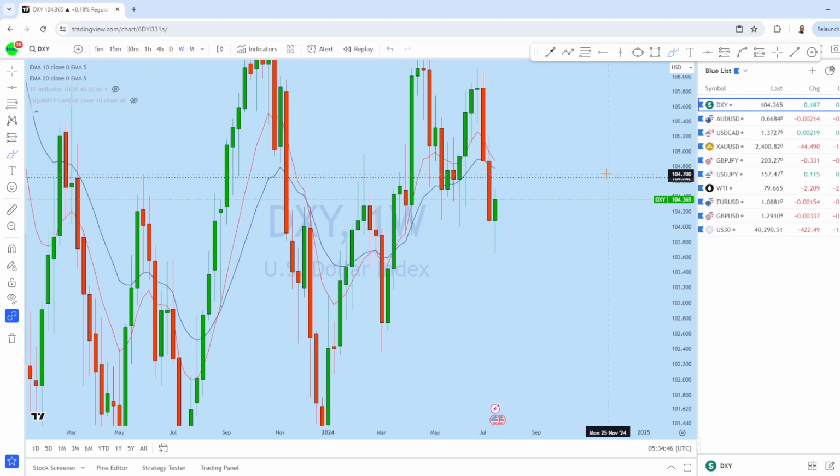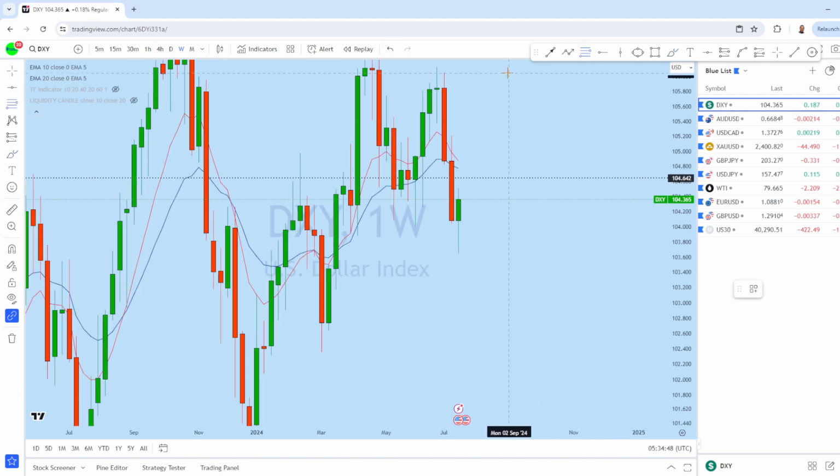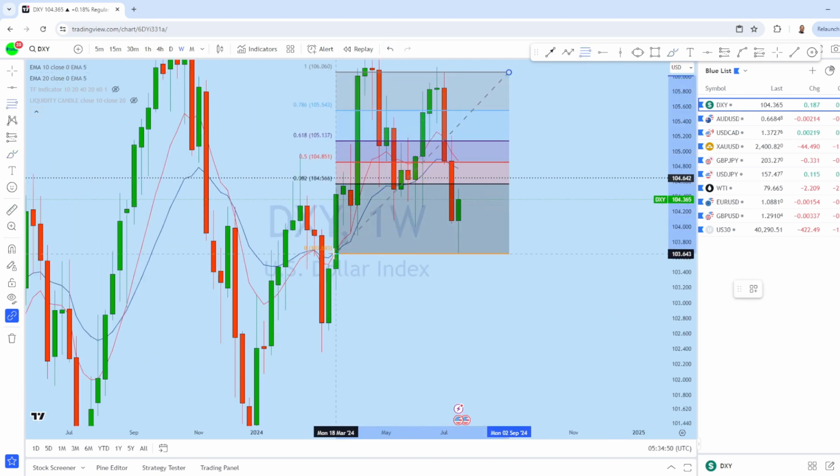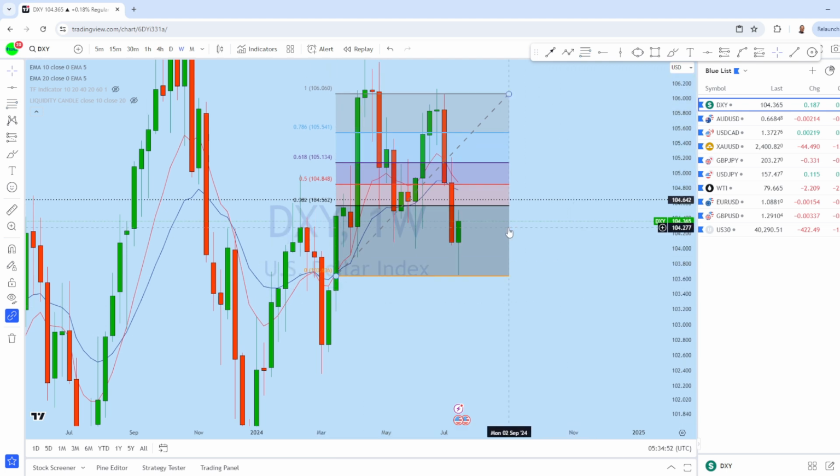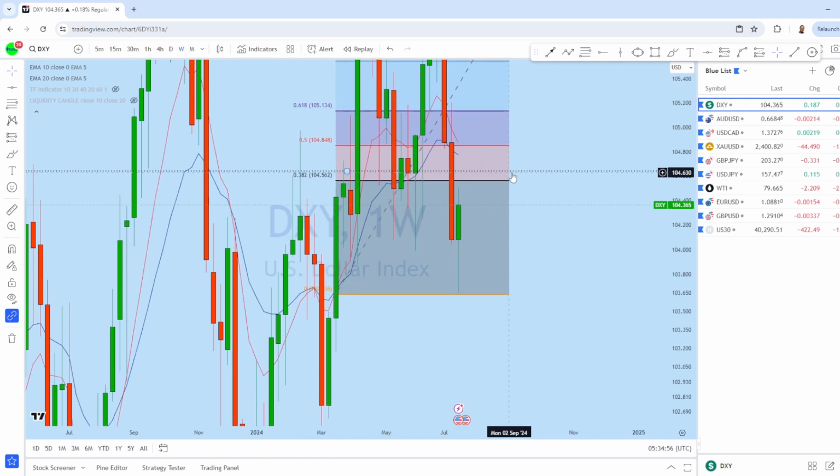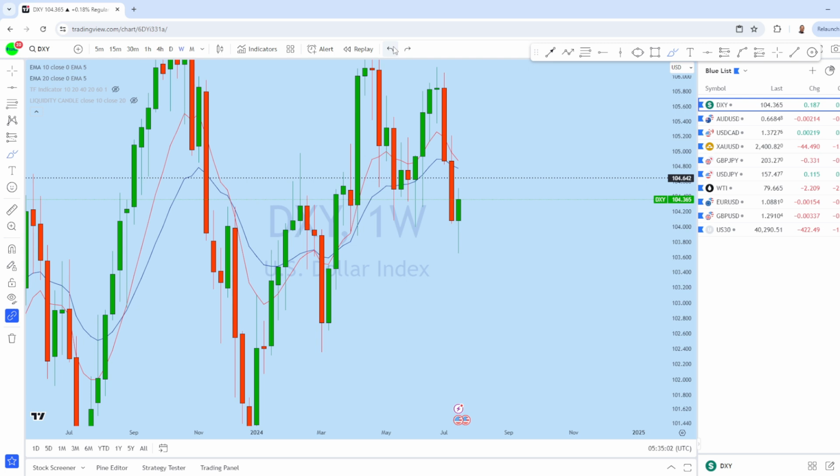Now if we take our Fibonacci for this move, from the start of the move to the end of the move, the price is approaching the 38.2% Fibonacci level, which is the minimum Fibonacci level. With that minimum Fibonacci level, what we can expect on DXY is for the price to retest and reach that 38.2% and then drop down to create a new lower low.